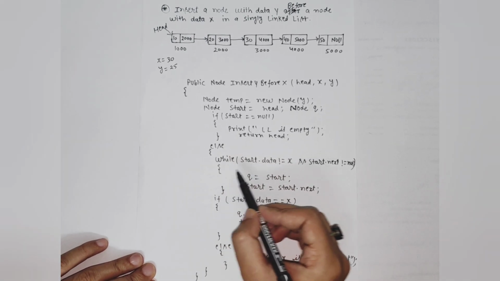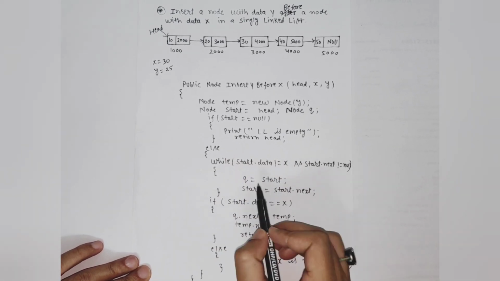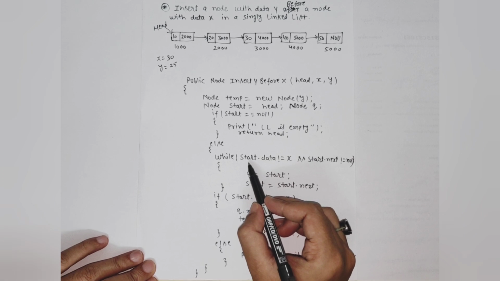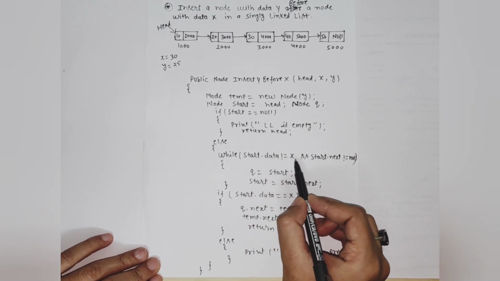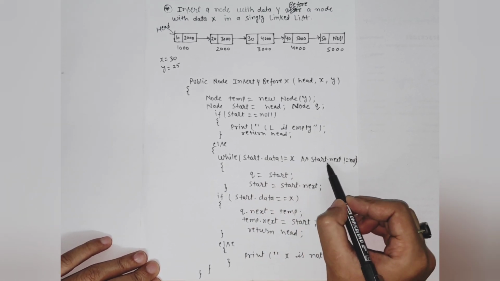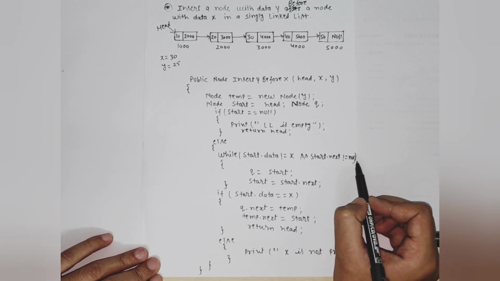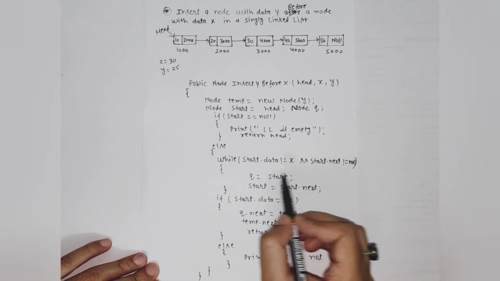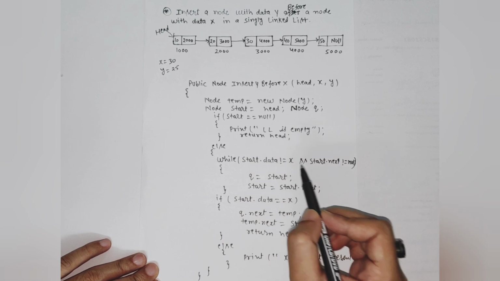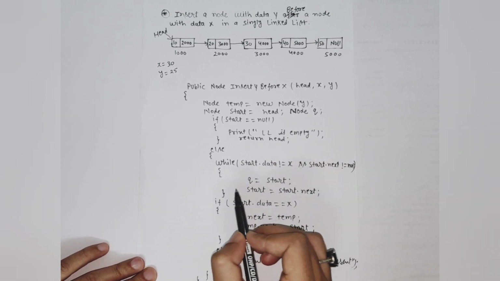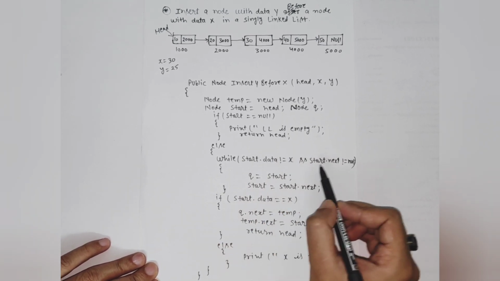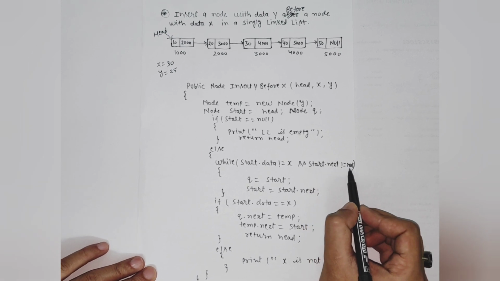In the else part we are using two conditions to iterate the linked list. First is start.data not equal to x and start.next not equal to null, to cover two conditions. First one, to find the data value x. Suppose our value x is not present, then we need to traverse the whole linked list.